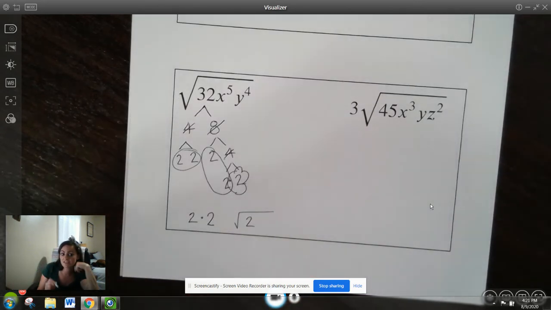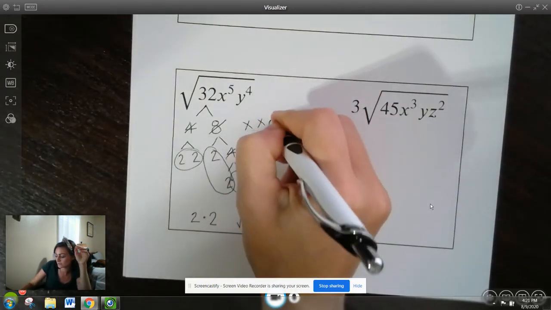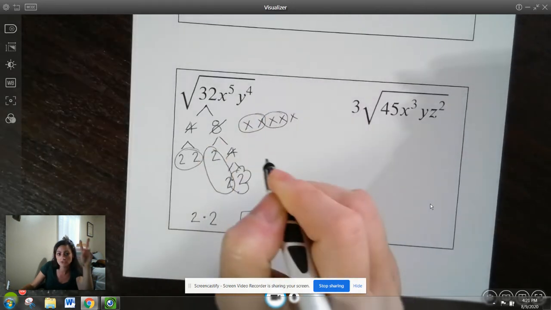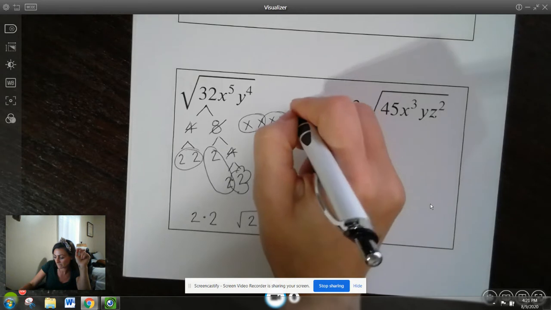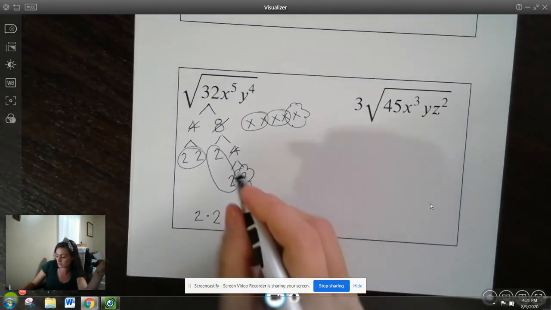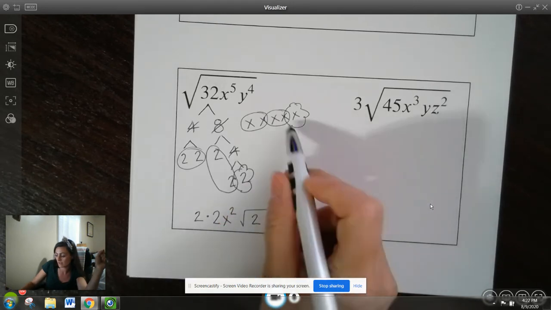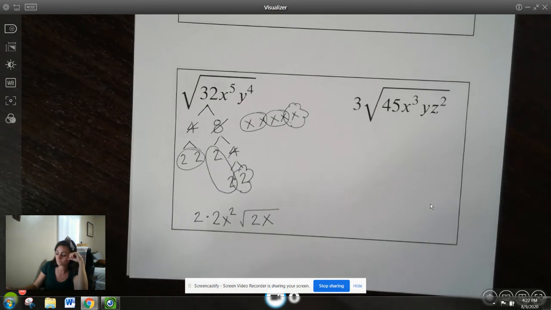X to the 5th is 5 x's. 1, 2, 3, 4, 5. So that's 2 pairs of 2 x's and then 1 extra. So I have 2 x's that are going out front, which I can write as x squared, and then 1 lonely x going back in.